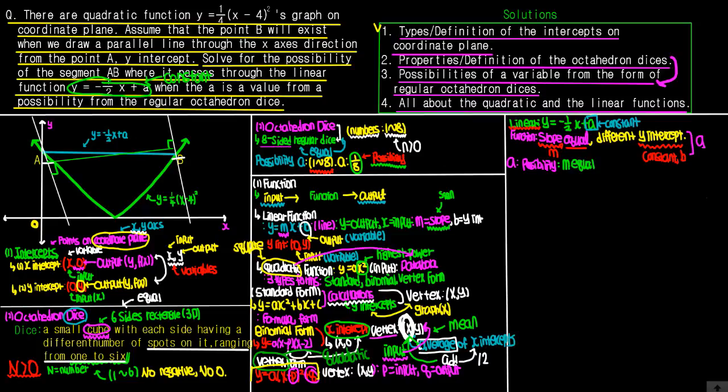To solve for it, we need to think about what the coordinates of A and B are. The coordinate of A, right over here, is going to be the y-intercept, which means the x value is 0 and our y value exists. So it will be x comma y, with the x value 0 and our y value existing.